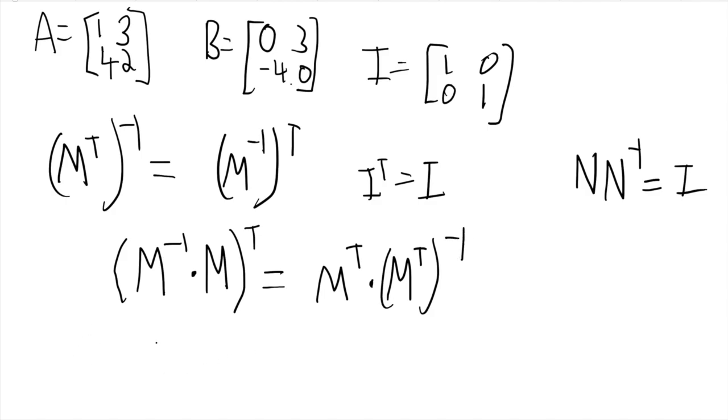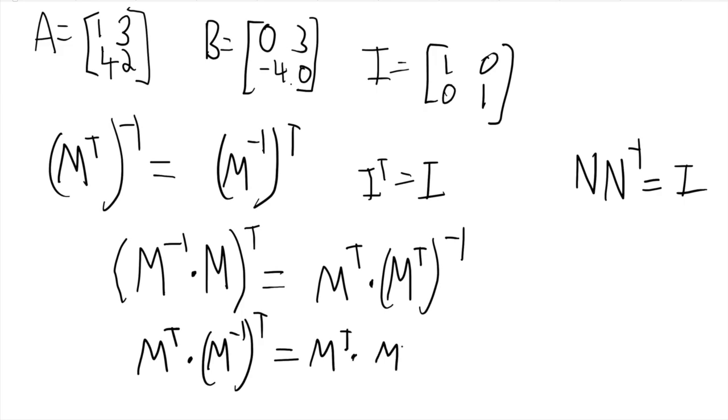If we then, using previous identities, rearrange the left hand side of the equation, we will get that M transposed multiplied by M to the minus 1 transposed is equal to M transposed multiplied by M transposed to the minus 1.